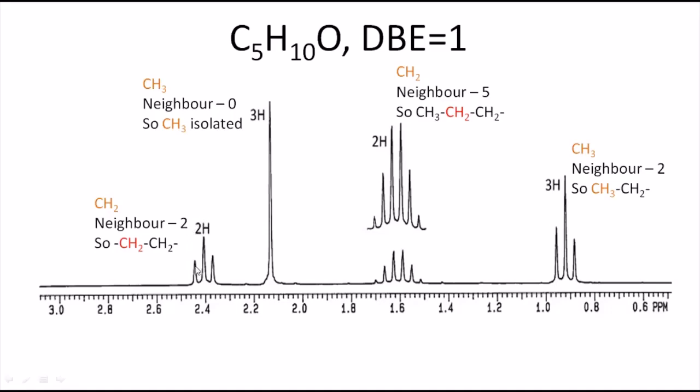Right? If you take all this information together, you can see this is the CH3, and therefore this CH3 and this CH3 are same. Therefore let me leave this, and this CH2 and this CH2 may be same. These two CH2 may be same, right?